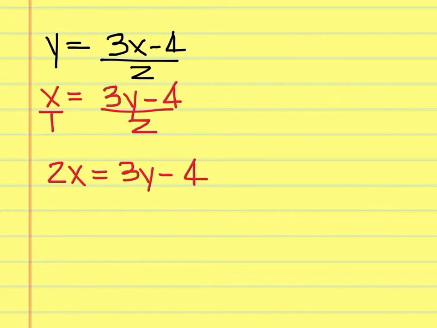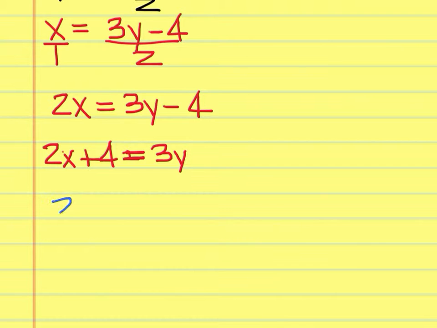And to start getting the y by itself, you would move the minus 4 to the left, change it to plus 4, and then you would have to divide both sides by 3. So 2x plus 4 over 3, and then set it equal to y, and that'll be your inverse.